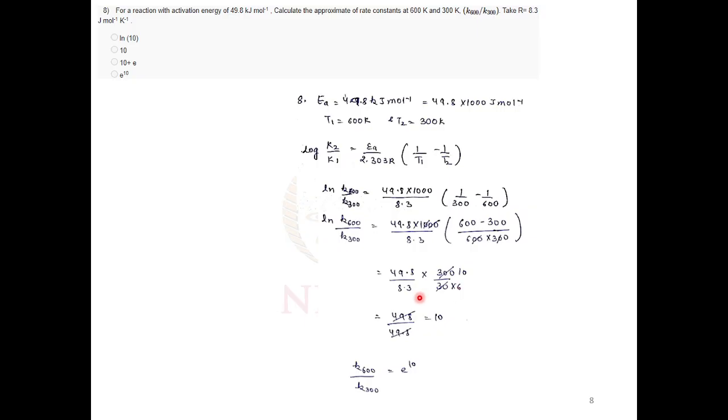So depending on the values of k1 and k2, you need to find the rate constants at 600 and 300 K. So how to approach this problem?